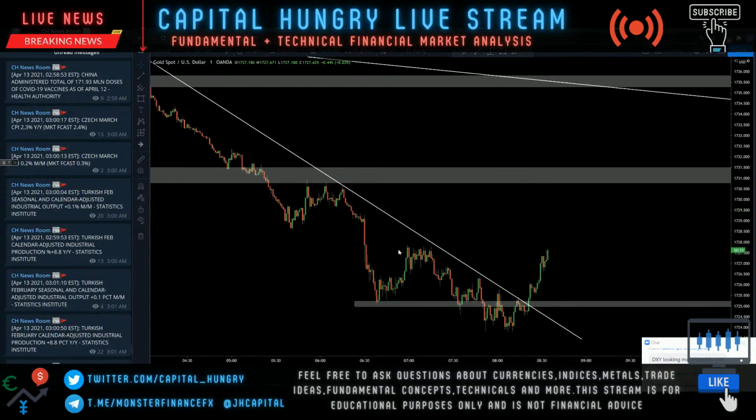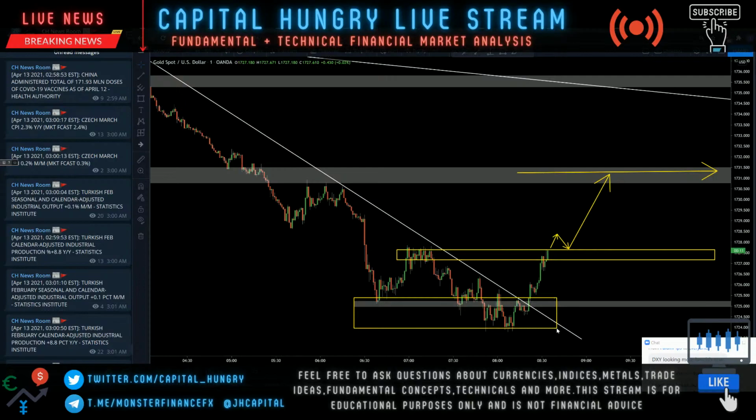Now on gold, I'm watching this order block to the left. I would only be looking for scalp buys just as a pullback above 1727 to 1732. Only if you break above this order block. Because now we're starting to validate some exhaustion at these lows. We're starting to notice weaker US dollar, and we were expecting that pullback anyways.